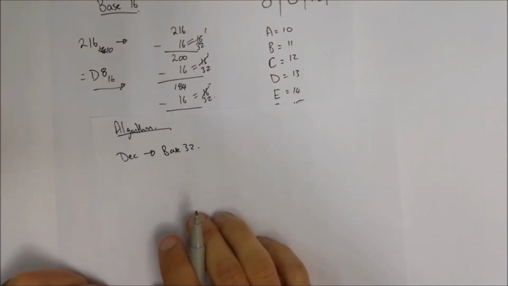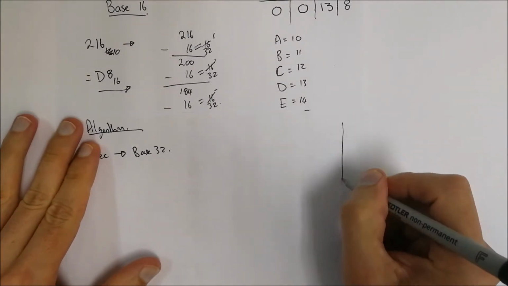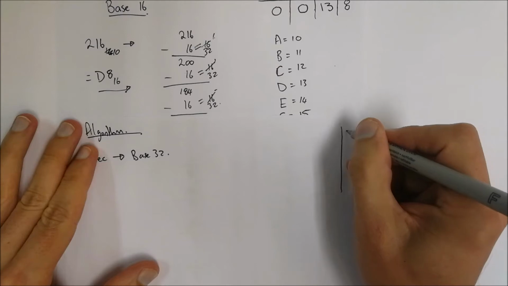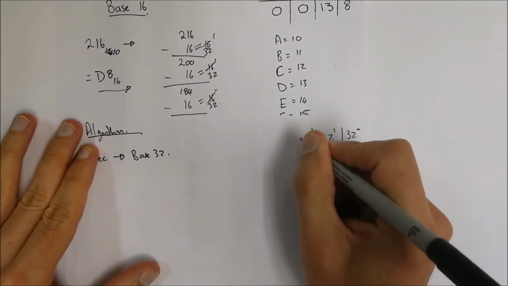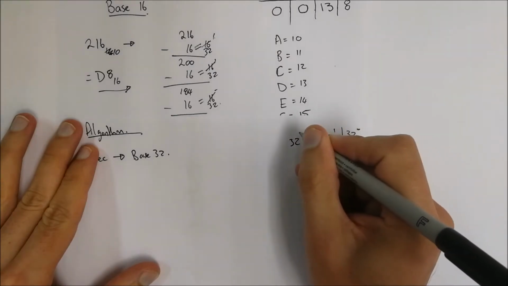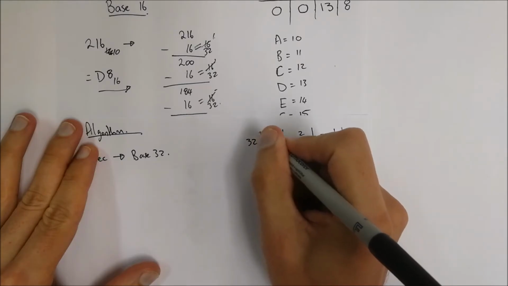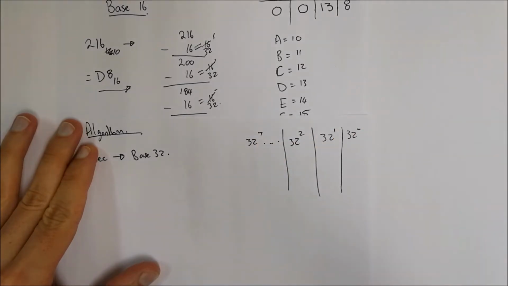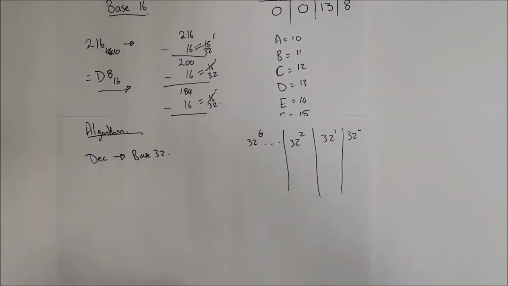Well, we know we've got this table that we've looked at, and I'm going to draw it over here. We've got 32 to the power of 0, 32 to the power of 1, 32 to the power of 2, etc., up to 32 to the power of 6, because 7 would be quite a big number.